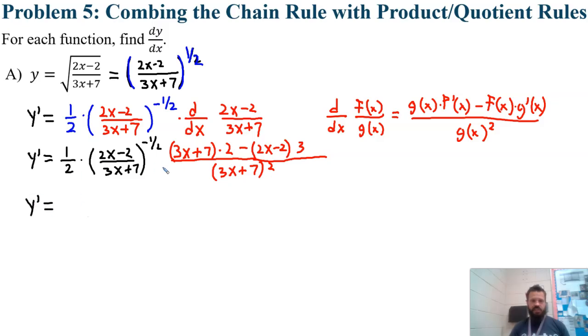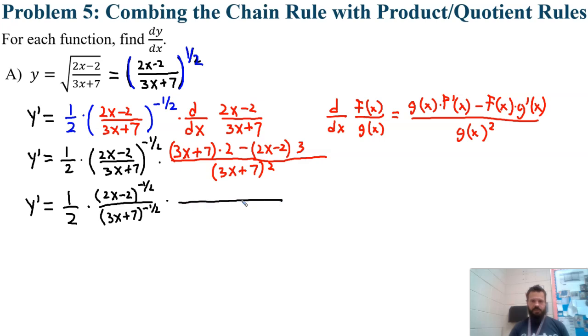I'm going to leave this as 3 separate fractions being multiplied for now, so let's just leave this as a 1/2 here. All right, times now this 2x minus 2 divided by 3x plus 7, all raised to the negative 1/2 power. Let's separate that into 2 separate powers. So let's call that a 2x minus 2 to the negative 1/2 on top over 3x plus 7 to the negative 1/2 on bottom.